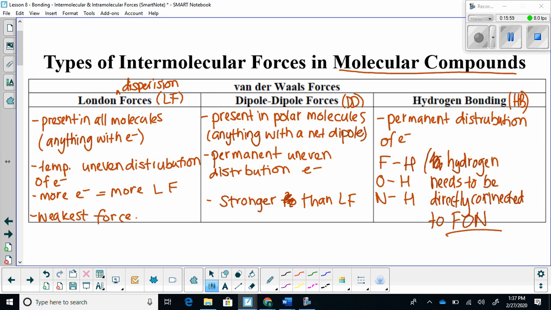F-O-N. FON. Okay, I'll pause. Hydrogen bonding in a molecular compound, as I said, is the strongest bond. Okay? Strongest in molecular compounds. What's the strongest overall? Ionic bonds, because they have an electrostatic force. We're not working with partial charges there, we're working with full charges.